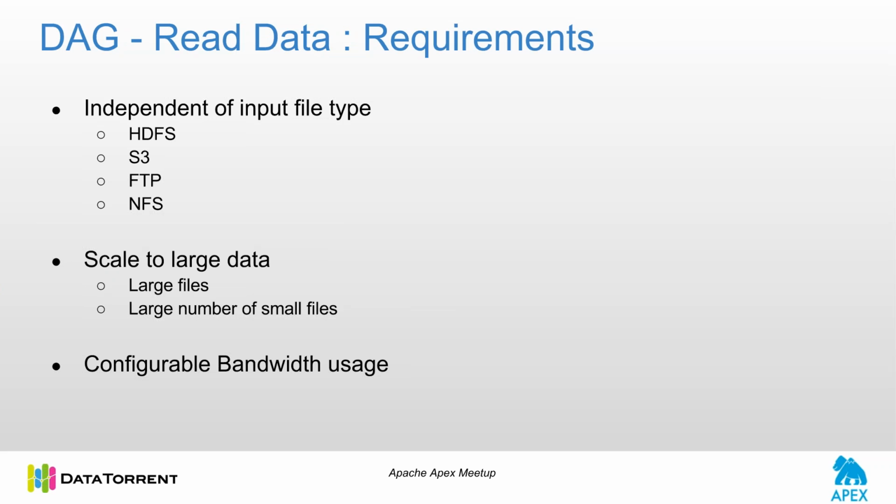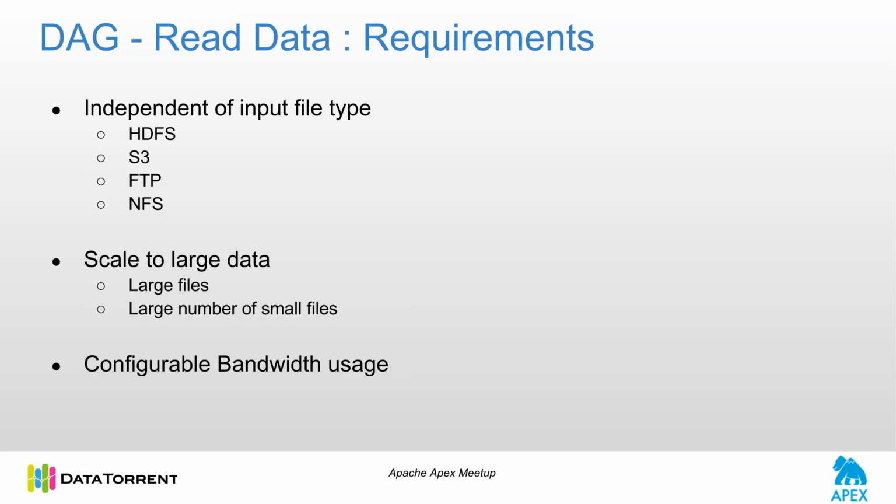Now, when you design any file copy solution, you don't want a different application just to copy from HDFS or S3 or FTP or NFS or any such file type. So our first need is a design that is independent of input type.